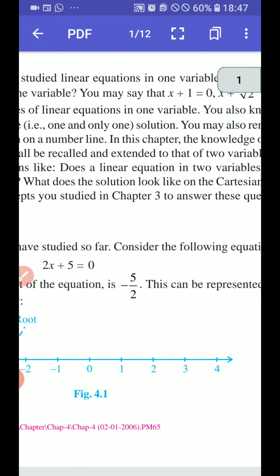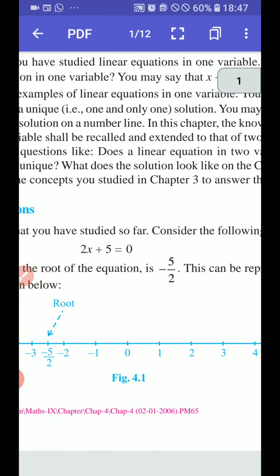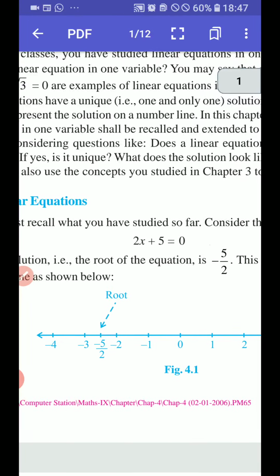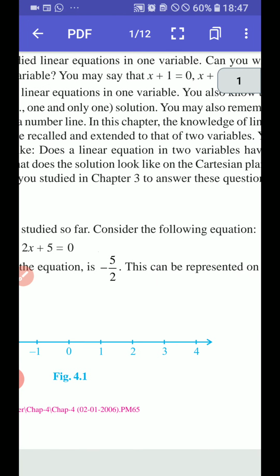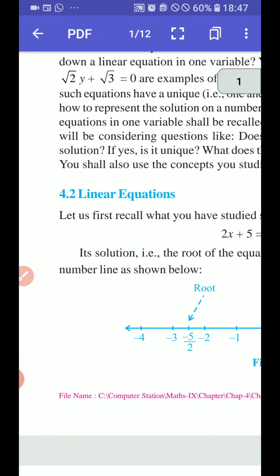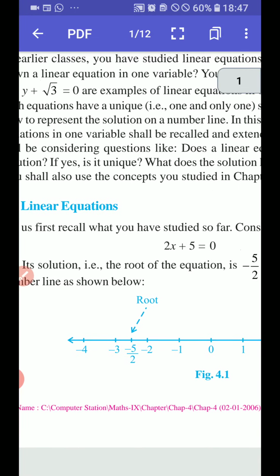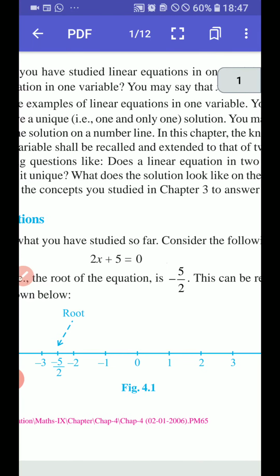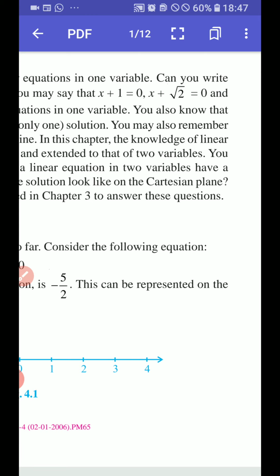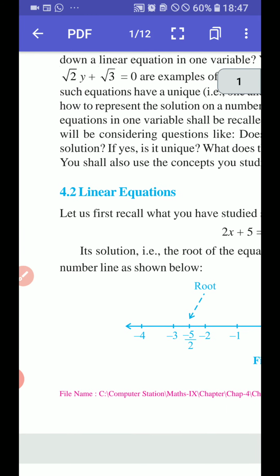In this chapter, the knowledge of linear equations in one variable shall be recalled and extended to that of two variables. You will be considering questions like: does a linear equation in two variables have a solution?